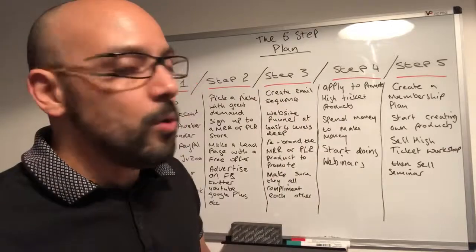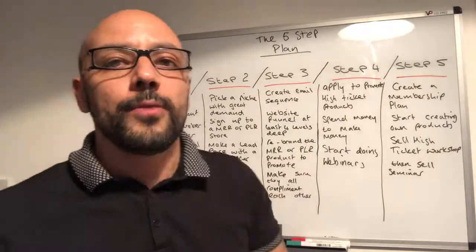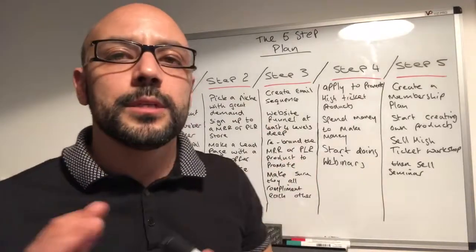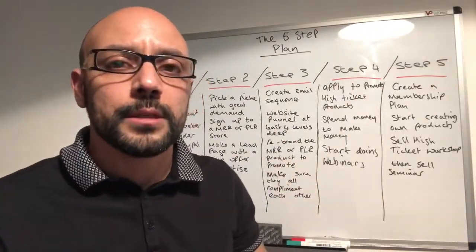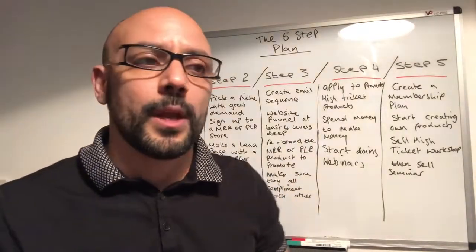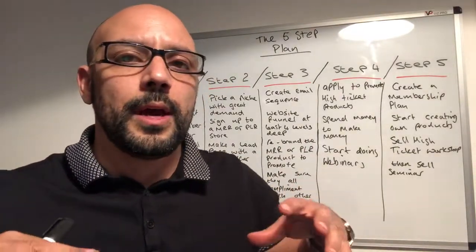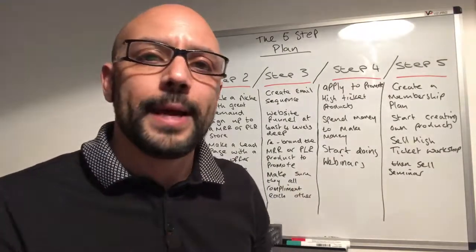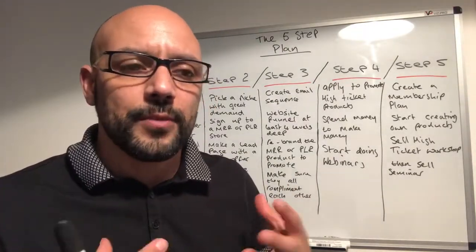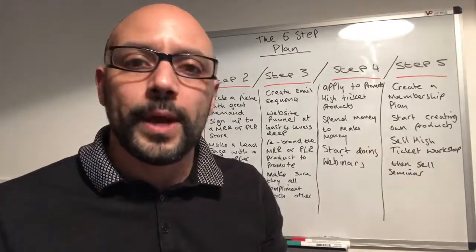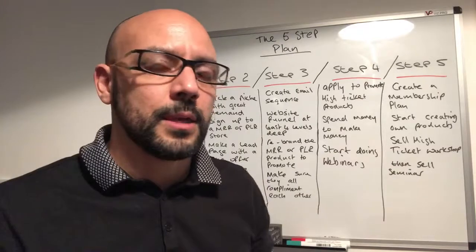Step 4 is you need to apply for high ticket products. Once you start getting used to this, start applying for high ticket products. You have to spend money to make money. Go into a group where they privatize it all. You have to pay into affiliation. You have to pay into a big company where you can promote their high ticket products.